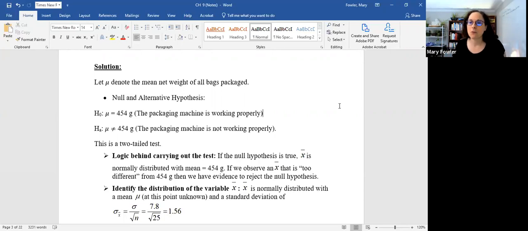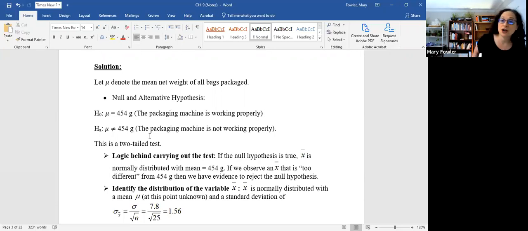You have folks that work in your shop with you, and your job is to do some kind of process to check the null hypothesis, that the machine is working properly. That is, you walk in and you test to see if mu is in fact equal to 454 grams. If it is equal, you want to just keep going. You don't want to take everything down and recalibrate it, because that costs both time and money.